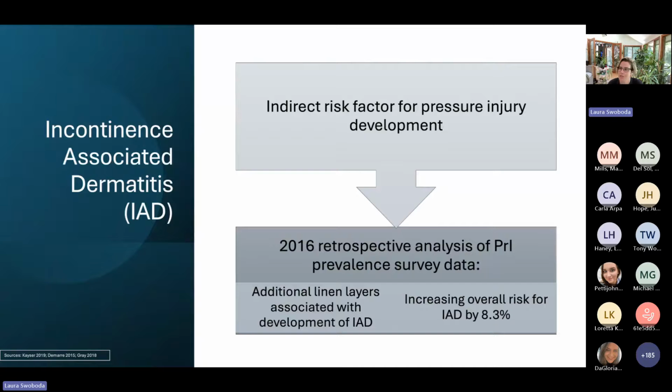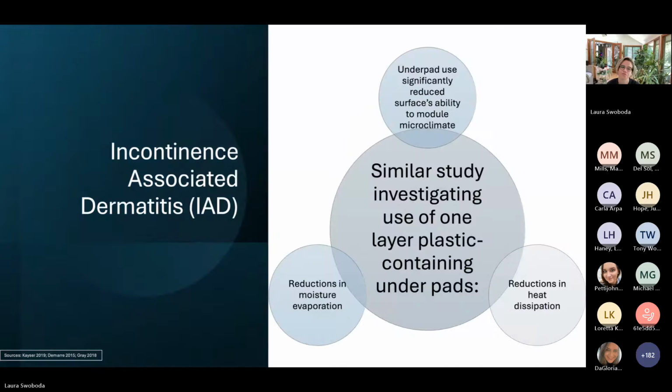And even if it wasn't connected to pressure injuries, this would be, I think, an important association. However, IAD does increase overall risk of pressure injury, and using additional linen layers is going to increase your IAD risk by almost 10%, so 8.3%. And this is from multiple different studies.